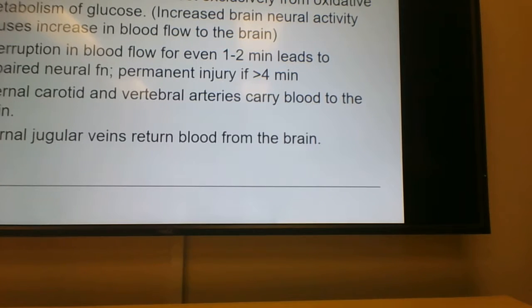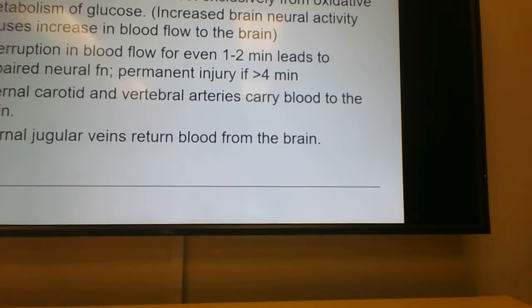The brain has no glucose stored in it, right? So that means glucose needs to be given to the brain continuously. If we don't get enough oxygen or glucose to the brain, that's going to cause dizziness, convulsions, and loss of consciousness.